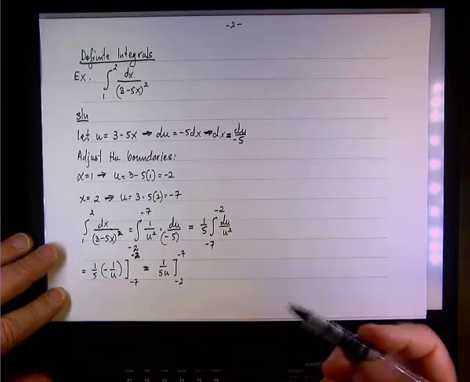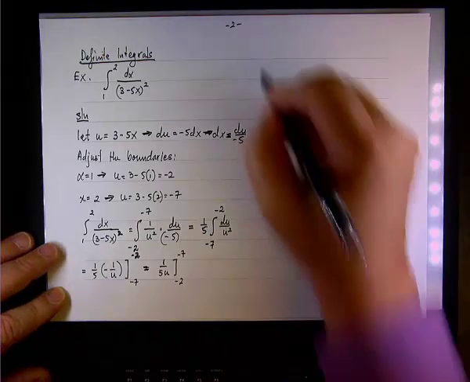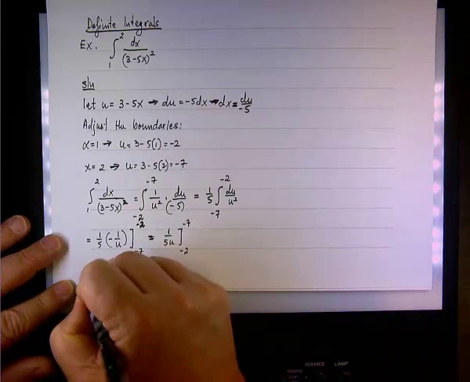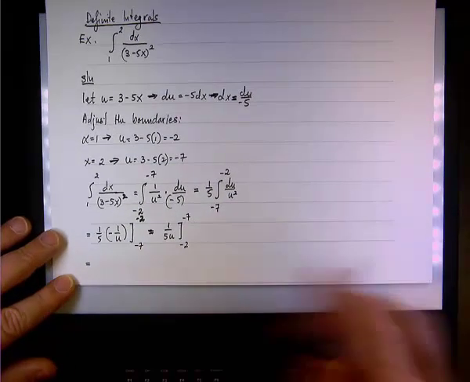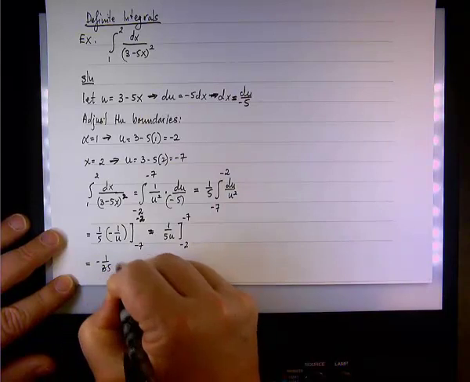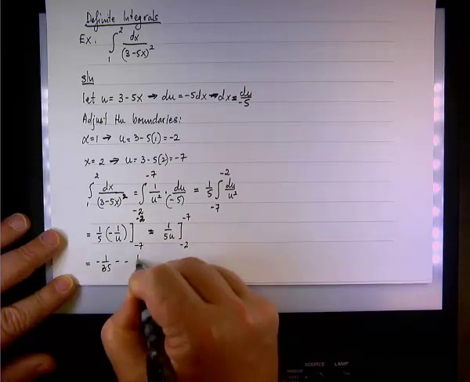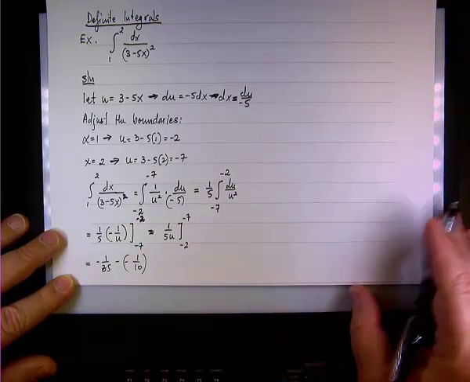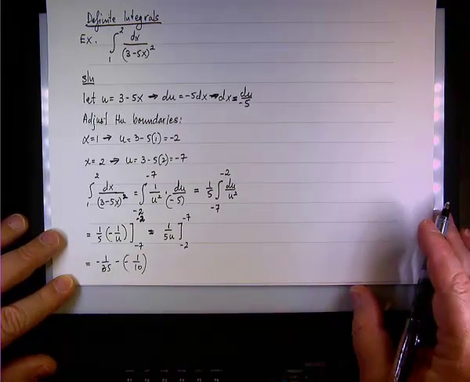Anyway, now it's about substitution, so the actual calculation will go like this. Negative 1/35 minus negative 1/10. We still have plenty of negative stuff to worry about, right?